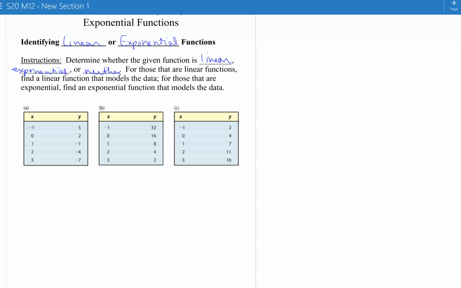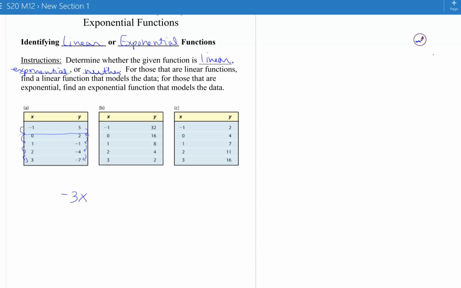Okay, so this first set of data, as x goes up by 1, do you see that the y value is going down by 3? So that's actually the slope, and the way to get the numbers to go down by 3 is you go negative 3x. So each time x changes by 1, y changes by negative 3.